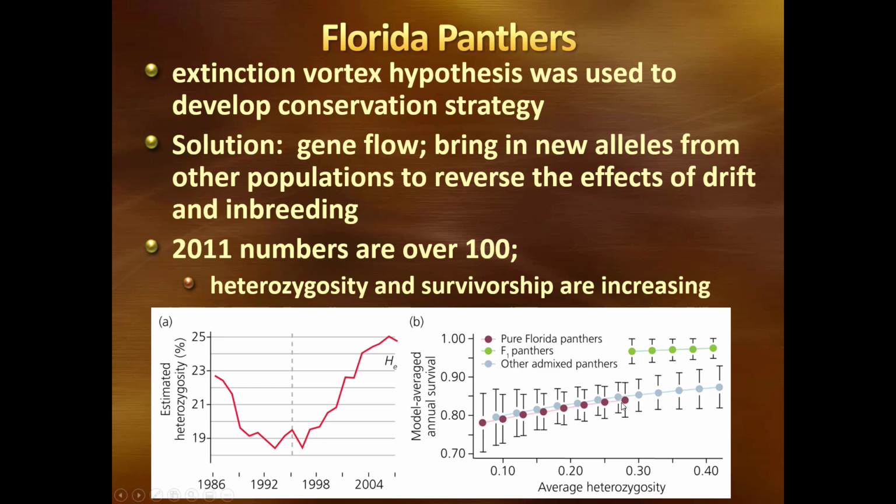In essence, if you were to take the red and the blue data points, those populations, and rather than look at them individually, allow them to cross with one another, you could see how that increases their heterozygosity quite a bit, and it also drastically increased their actual survival. So increasing heterozygosity by bringing in different genes is definitely the way to go for some of these populations.